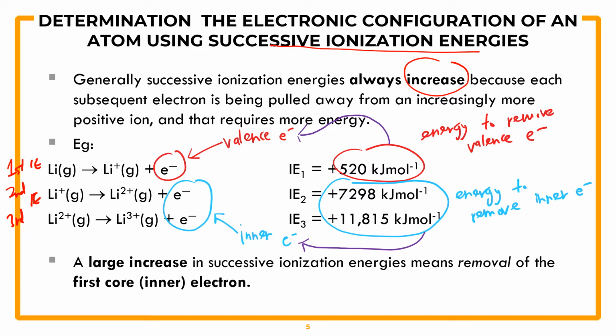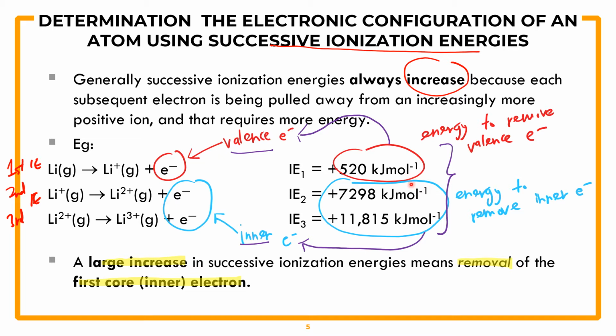So nak identify valence dan juga inner electron, firstly you have to focus on this successive ionization energy dahulu. Okay, kenapa? Because a large increase in the successive ionization energy means removal of the first core ataupun inner electron. So itu yang kita buat tadi.